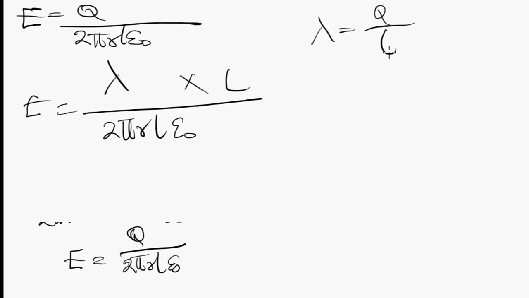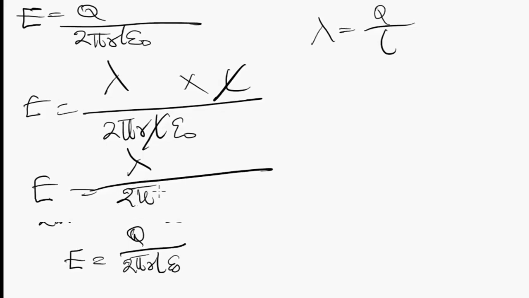Since Q over L is lambda, it means that Q is lambda times L. So if I multiply this, I cancel off L, and ultimately I'll have E to be lambda over 2 pi r epsilon naught. So this gives us the electric field using the linear charge density.